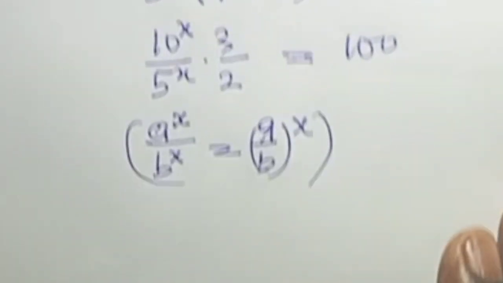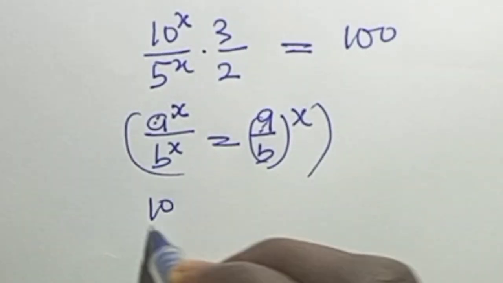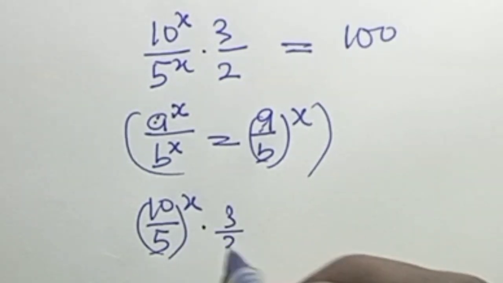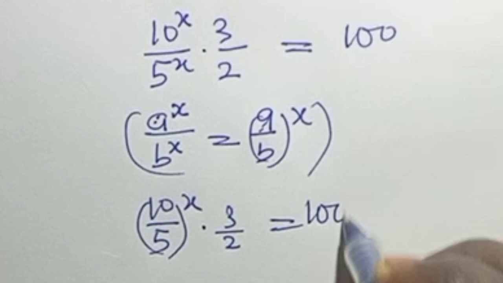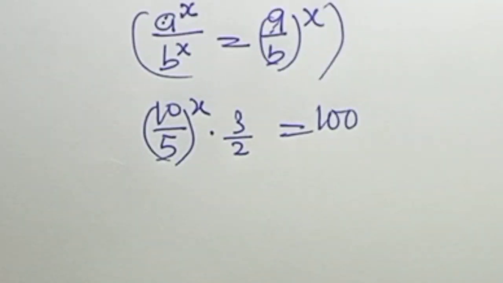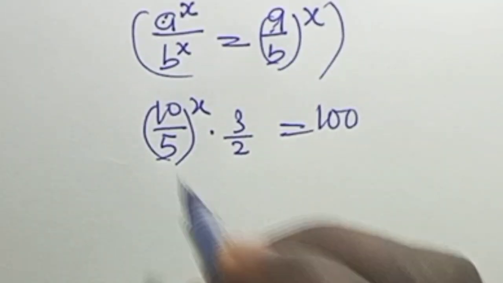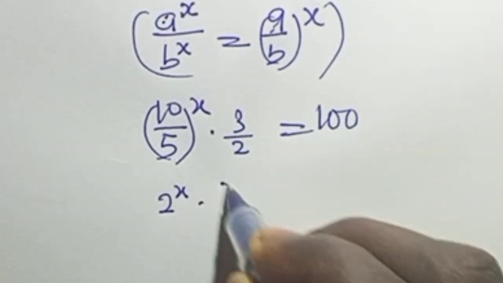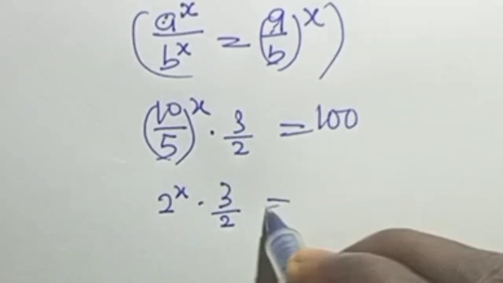So we can write (10 over 5)^x times 3 over 2 equals 100. So this becomes 2^x times 3 over 2 equals 100.